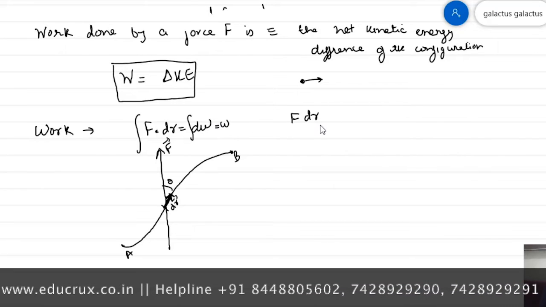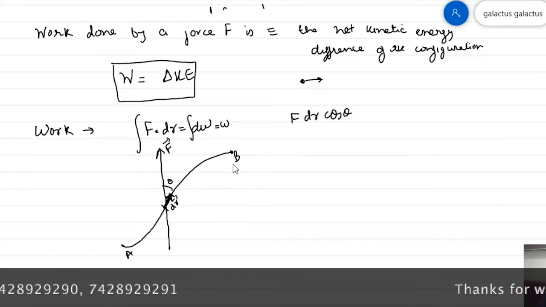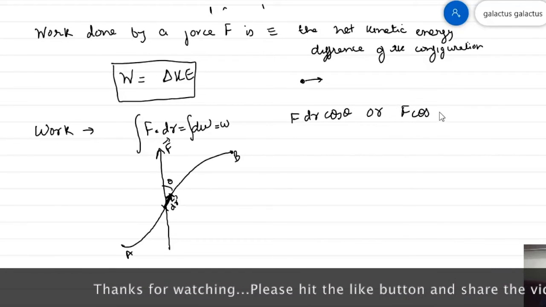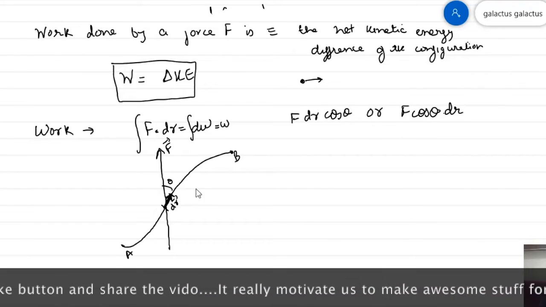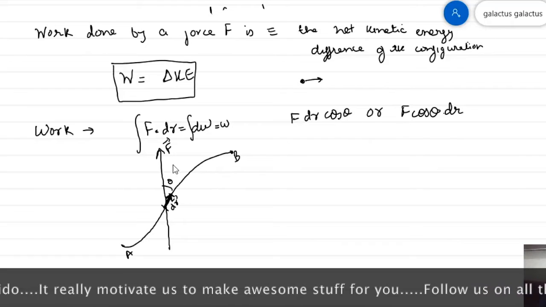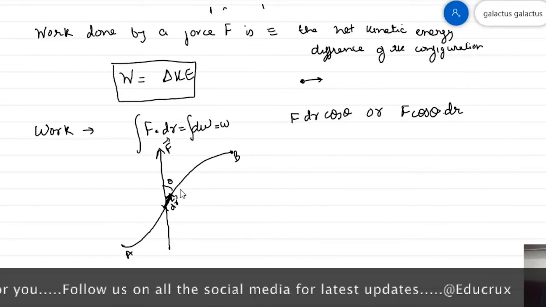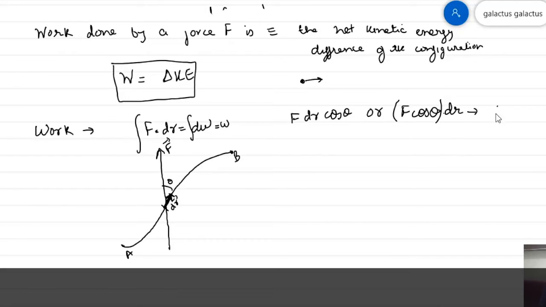So F dr cos theta, or F cos theta into dr. F cos theta represents the projection of the F vector along the dr vector.